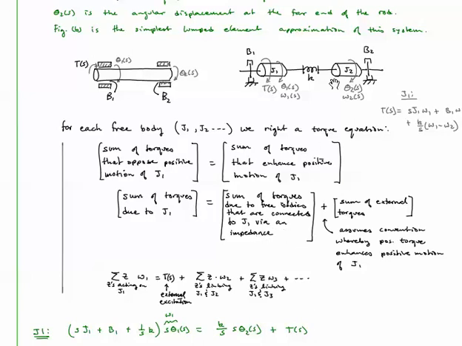In this case, there is a spring connecting these two elements, which means that the motion over here at theta 2 will, through the spring, apply a torque on J1 and affect its motion.